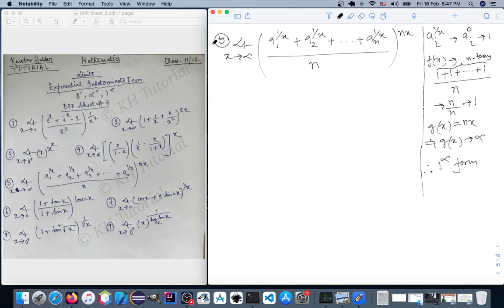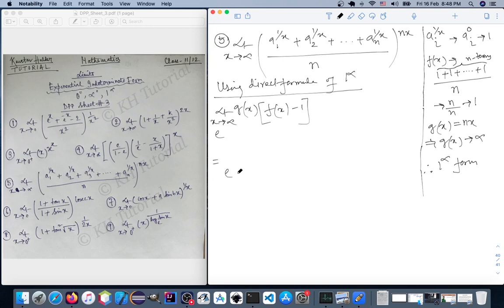So we directly apply the direct formula of the 1 to the power infinity form. We get the answer as e to the power limit x tending to infinity g(x) times (f(x) minus 1).